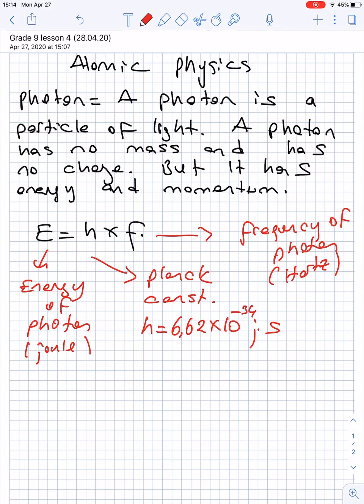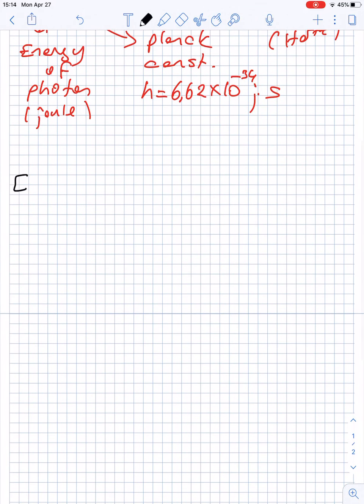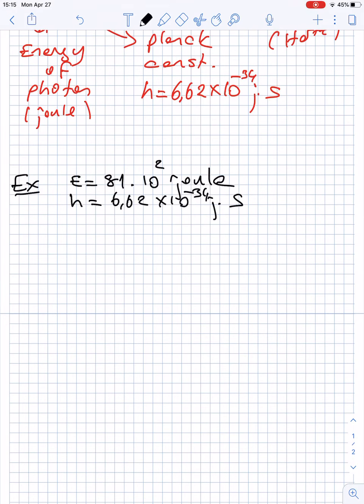Okay, let's solve the exercise about the energy of a photon. This is the first question. For example, the energy of the photon is equal to 81 multiplying 10 to the 2 joule, and the Planck constant we know, H is equal to 6.62 times 10 to the power minus 34 joule multiplying second.